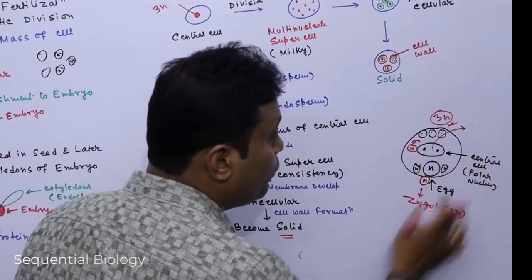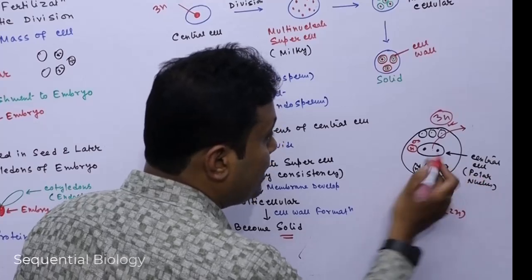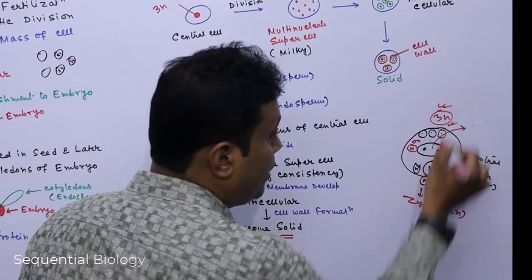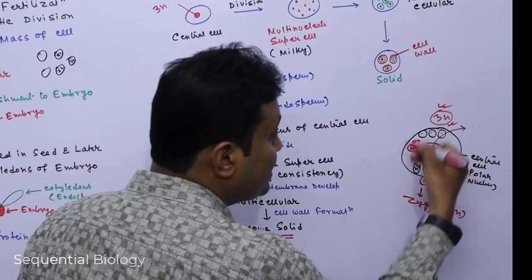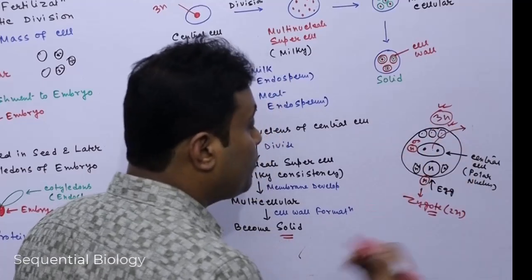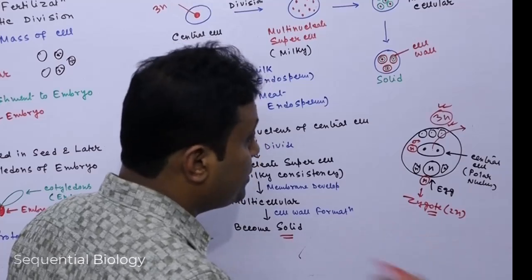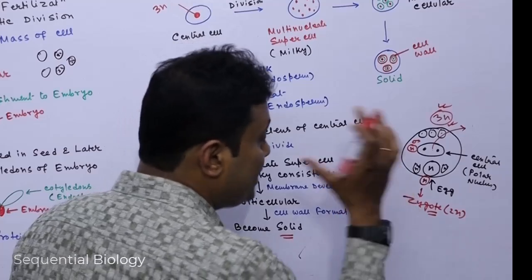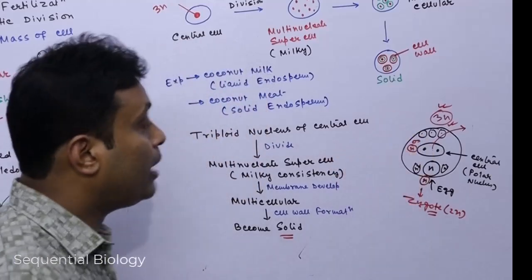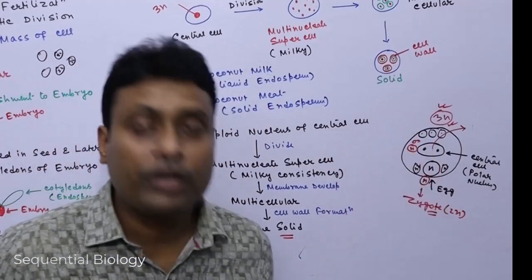There are two polar nuclei in the central cell, and thus they form the triploid endosperm. So the triploid central cell will be formed, and further modification of this triploid central cell causes the development of triploid endosperm. This concept is very essential to understand the development of endosperm.